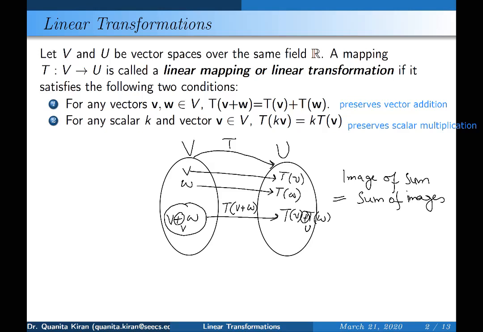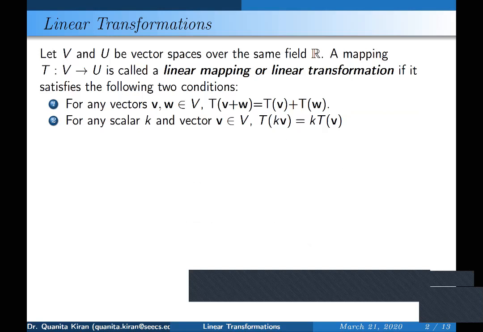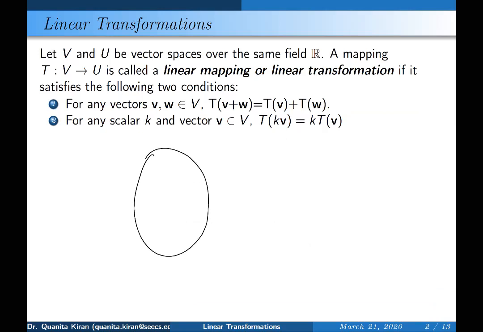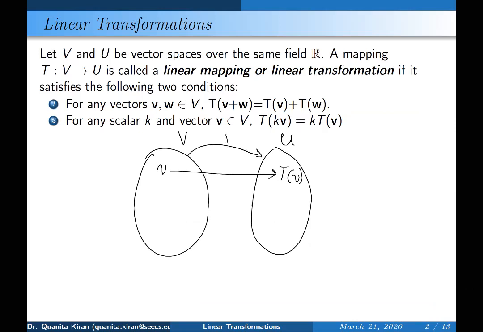Now the second property is about the preservation of scalar multiplication. For scalar multiplication, we again have the two spaces V and U, and here we have a vector, and here we have the image of this vector under the mapping T, and here we have a scalar times a vector.